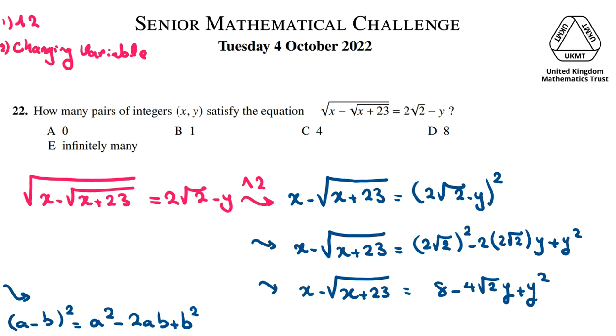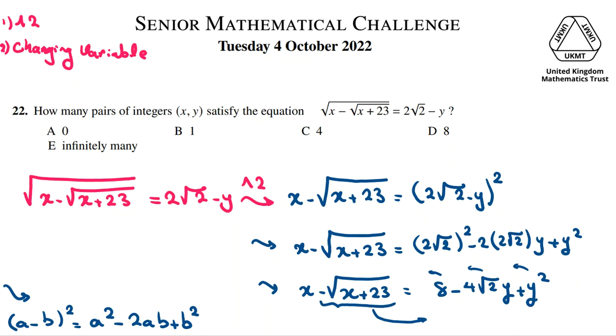Okay, so I take all things, let's do something. I take this to right hand side because I have this square root of x plus 23 and I want to have one side that contains only this. So I take this to right hand side and I take all these things to left hand side.